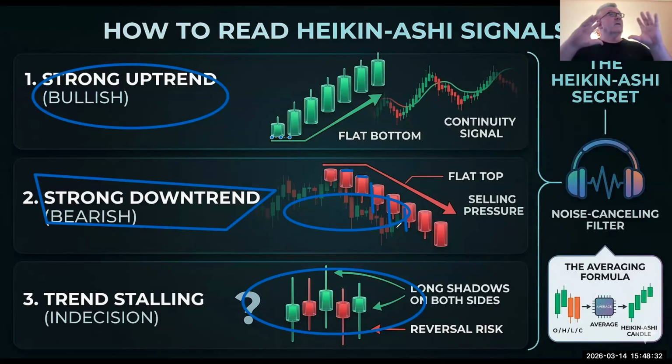Heikin-Ashi provides a down pressure picture. It filters the market so you don't get worried about whether it's going short or trending long. It takes an average of the previous candles and projects it forward, either going up or going down.